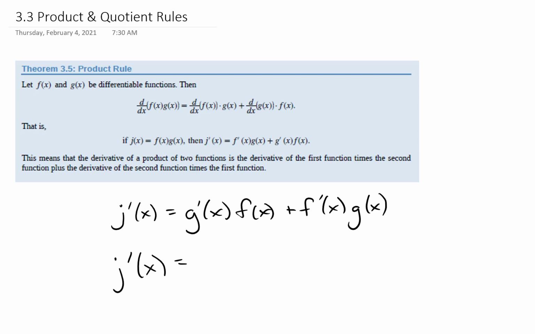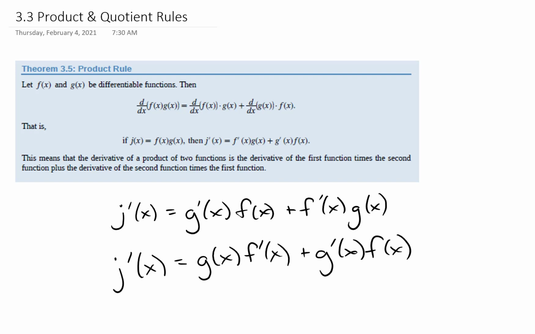Multiplication is also commutative, so I could have gone and done g of x times f prime of x plus g prime of x times f of x. Remember, the order is not super important for multiplication or derivative because of that commutative property.